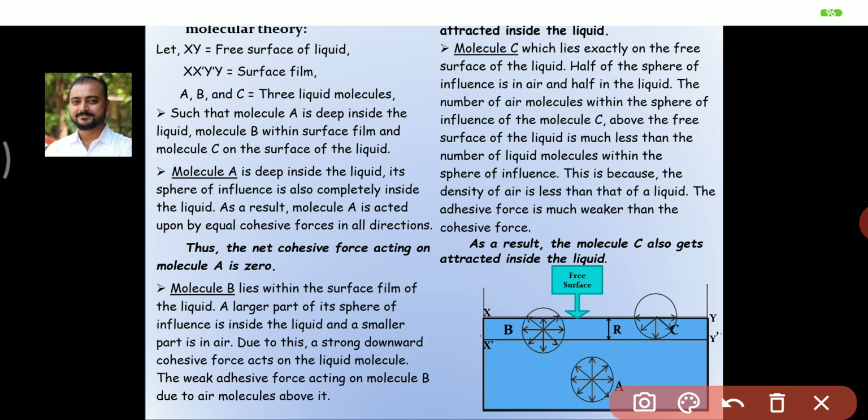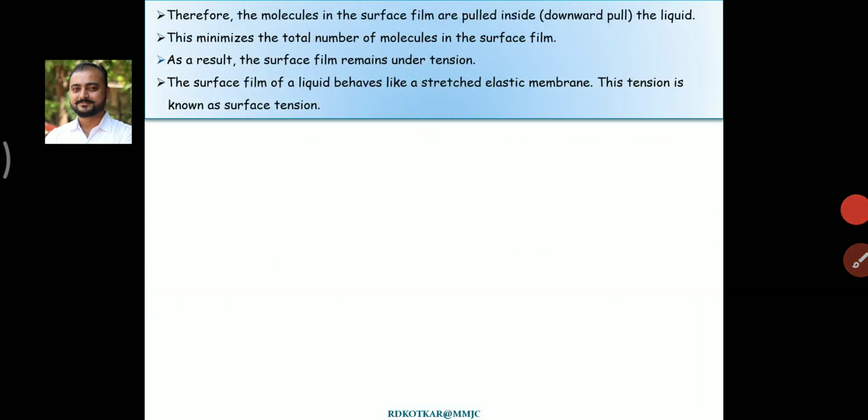So what happens as a result? Therefore the molecules in the surface film are pulled inside.